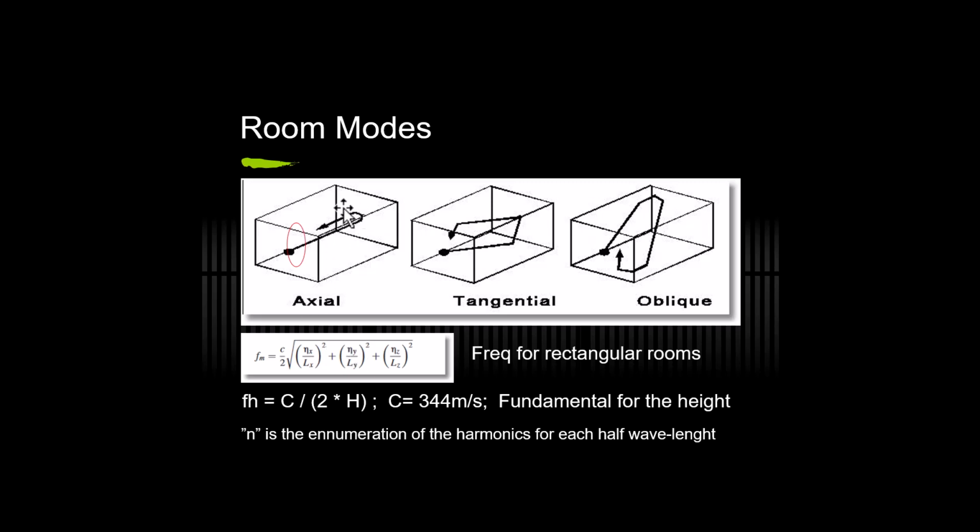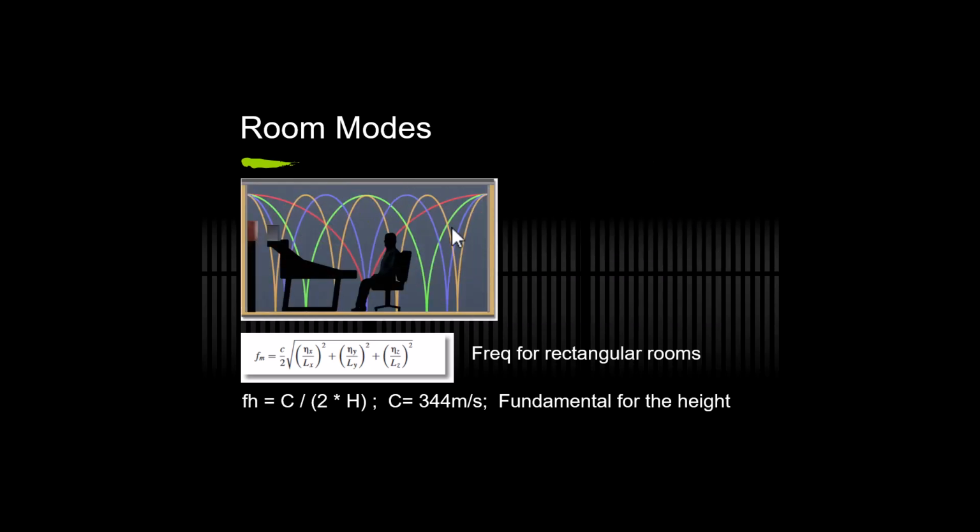It's a half wavelength, so the distance here and the harmonics will be like the measure of the room, the length, height and width of the room. As you can see in this picture, the room resonances have a fundamental frequency and then have harmonics.